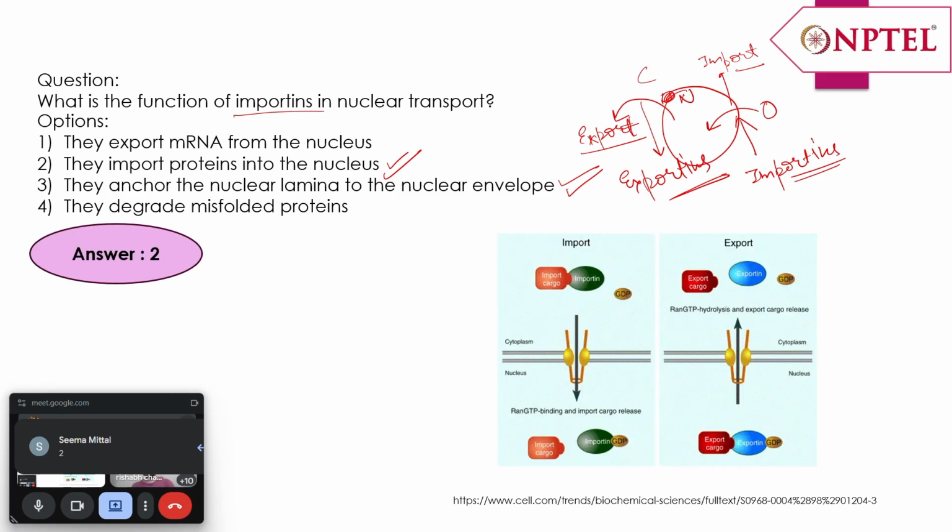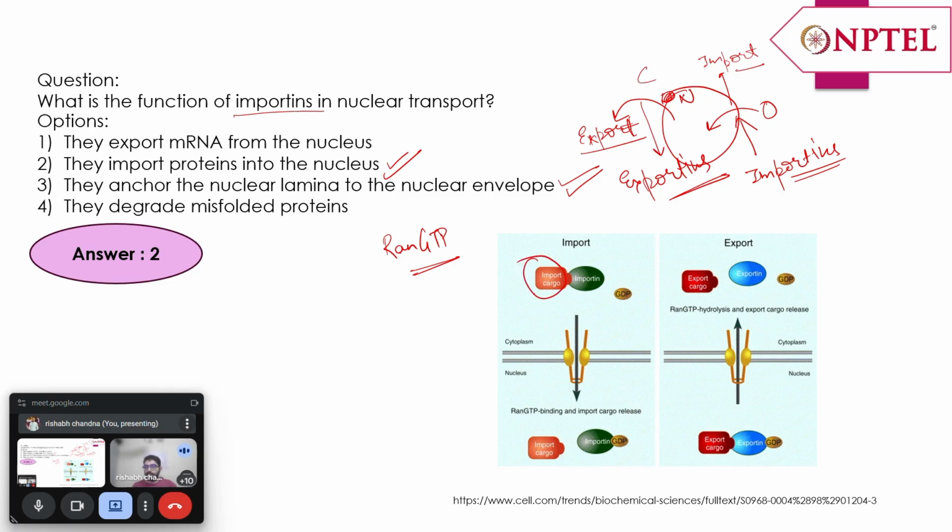Okay, and here is a generalized mechanism of how importins and exportins work. I have just now told you about the protein called Ran-GTP that helps in the active transport of the protein. So what happens is this importin is carrying an import cargo.